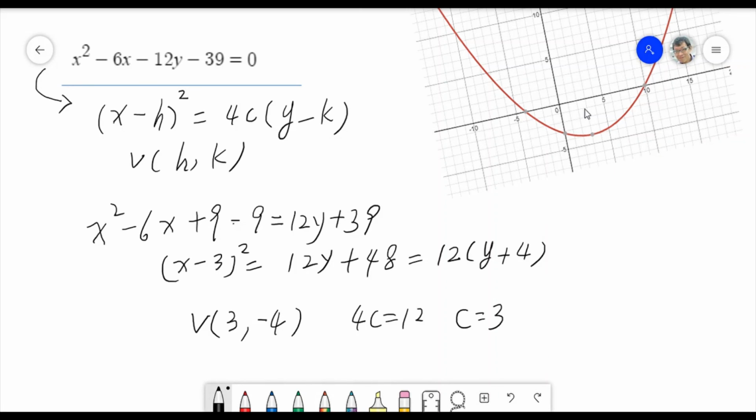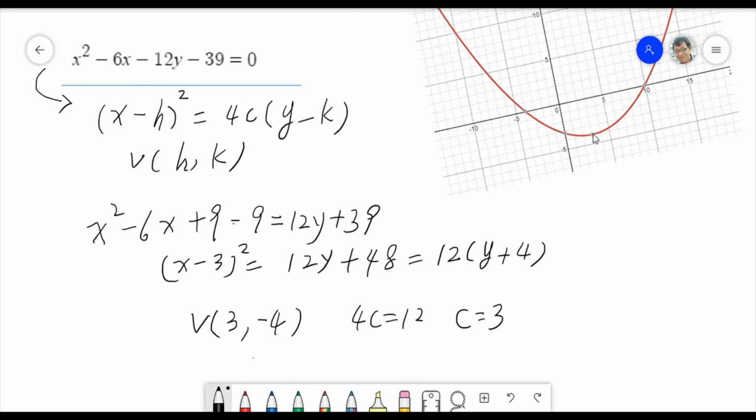So what will the focus be? Our vertex is (3, -4). If you go up, it goes along the y-axis, so -4 plus 3 will be -1. So the y-coordinate is -1, and x will always be the same.